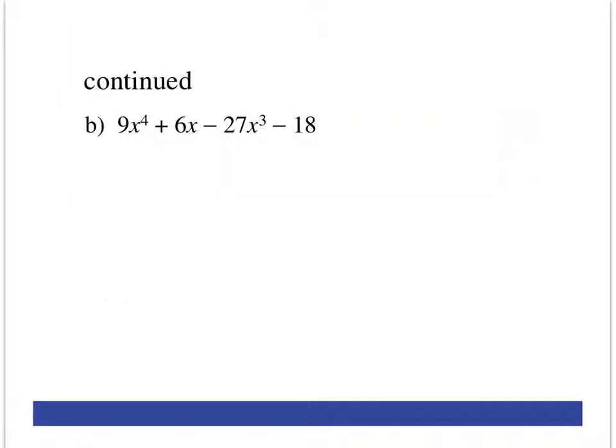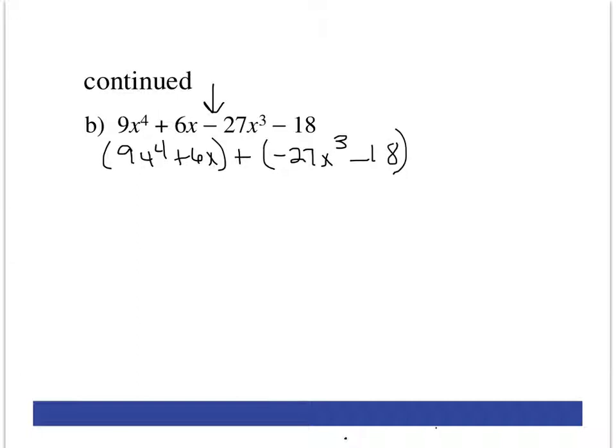Okay, so in the next one we're going to factor by grouping. So when you rewrite this one, because there is a negative sign right here, it's just easier to do this. Plus, you leave that negative attached to that number because they go together. You don't want to take it out yet because it changes everything if you do. So now we're going to look through here to see what they have in common. That's an x, so I get a 3x, so I'm left with 3x cubed plus 2.